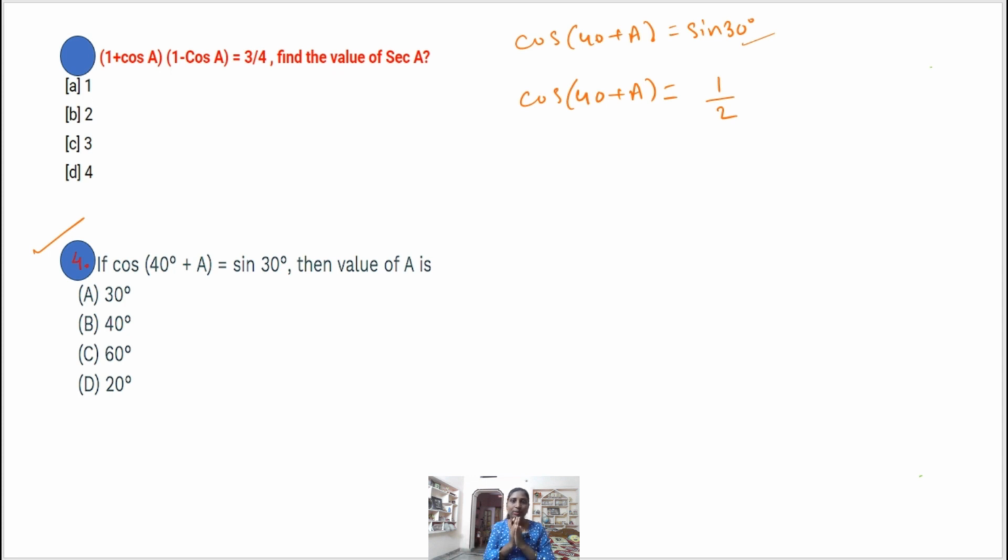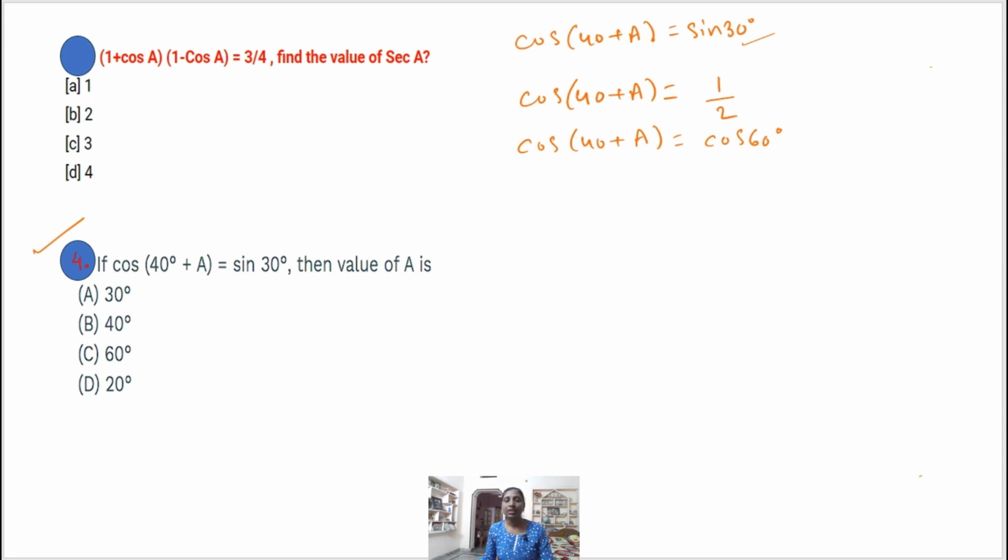So what will we do now? Let us change 1/2 into cos. But how? Cos 0, cos 30, cos 45, which value? Cos 60 degree is 1/2. So cos 40 plus A is equal to cos 60 degree.